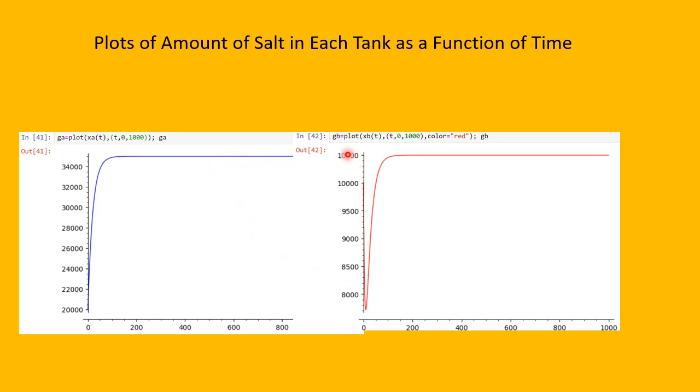Similarly, for tank B, the amount of salt started at 10,000 at time 0, and then as time went on, first it decreased sharply, and then it started going up again, and eventually leveled off to a more or less constant concentration from that point on. So both of these graphs show the amount of salt in each of those two tanks approaches in the limit some constant value.